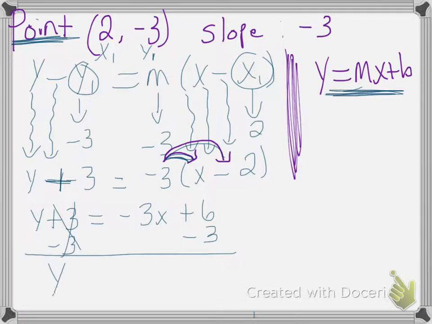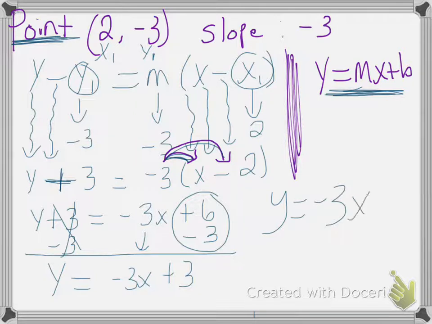Here, let's for the y equals, bring this down, negative 3x, and then negative 6 plus 3, 6 minus 3. I'm sorry, it was 6 minus 3 is a positive 3. Now we have y equals negative 3x plus 3. Now it looks like this.